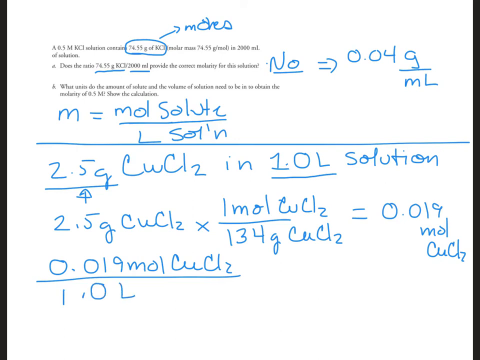So we know it's 1.0 liters of solution, which means that we will get a concentration of 0.019 molar copper 2 chloride. Now go ahead and try those 3 practice problems in the Ed puzzle.